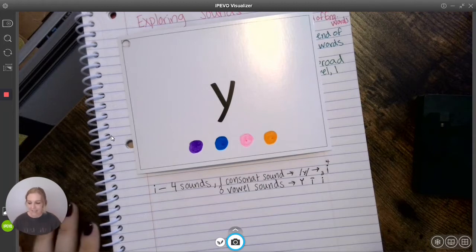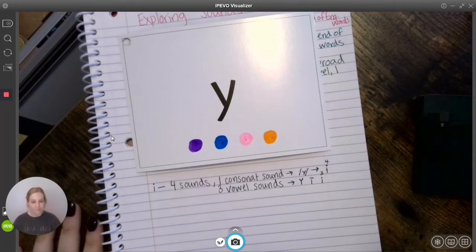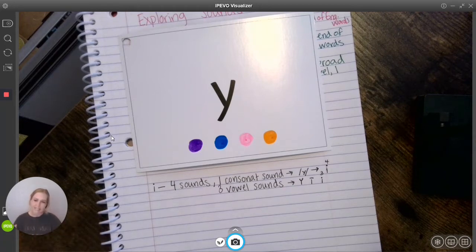And what is the consonant sound? Yeah, good job. Why is it a consonant sound? We were just talking about it. Because the teeth and the tongue are blocking the sound, right? It cannot be sung. If I want to sing it, I have to go, yeah, yeah, yeah, yeah. That doesn't sound as pretty as, ah, right? Maybe not in Miss Kinsler's voice, but in someone's voice.